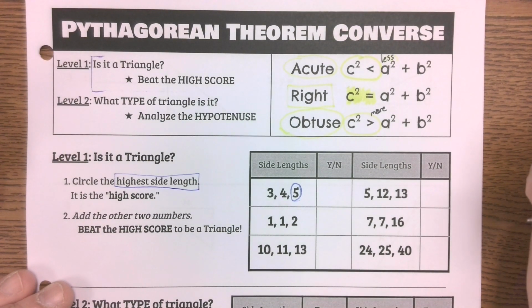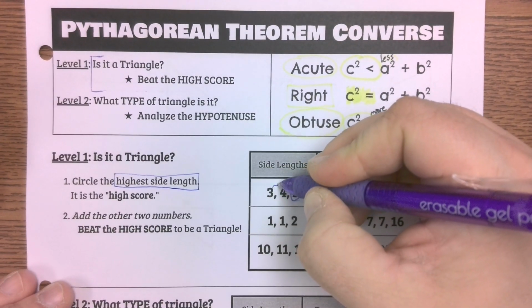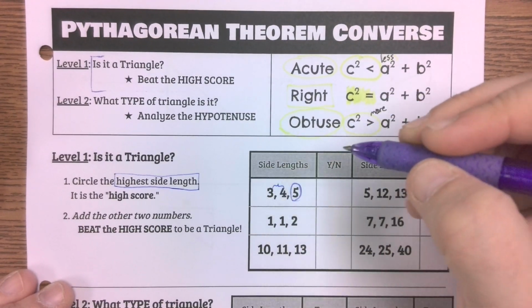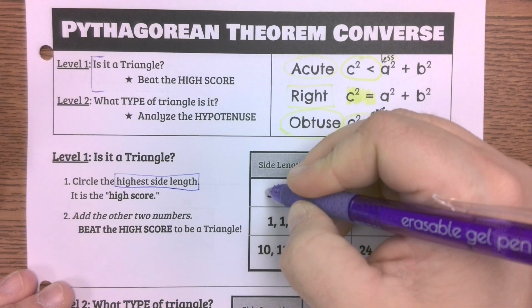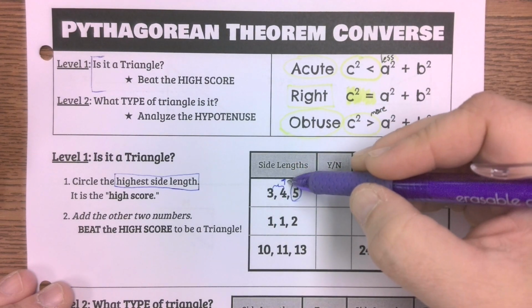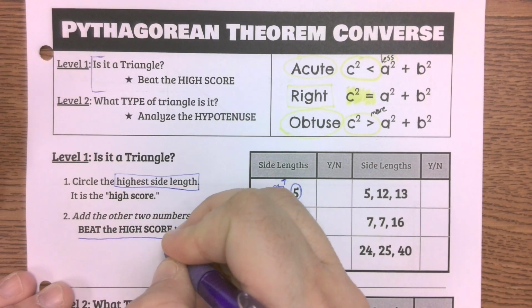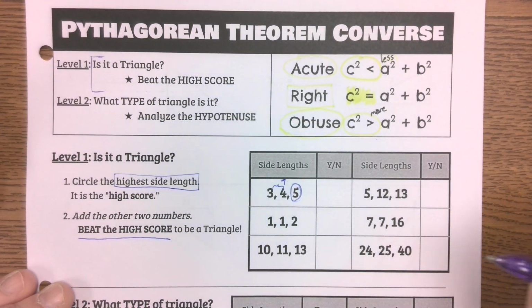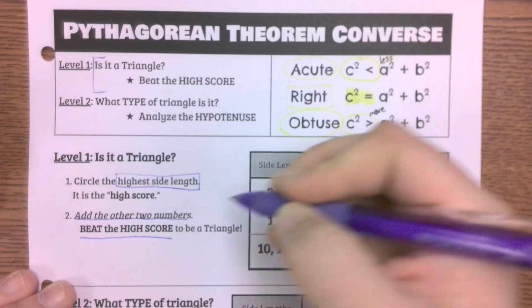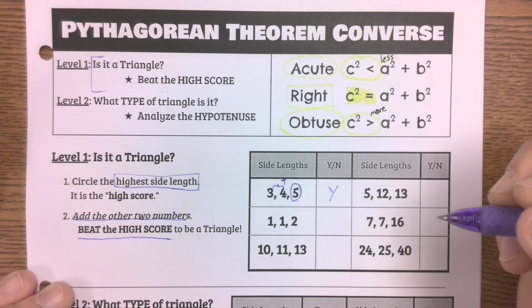Then what we have to do is add together the other two. So if I have 3 plus 4, I get a 7, right? So 7 beats the current high score, after adding the other two together. So then I know it is a triangle. Yes, it is a triangle, right?